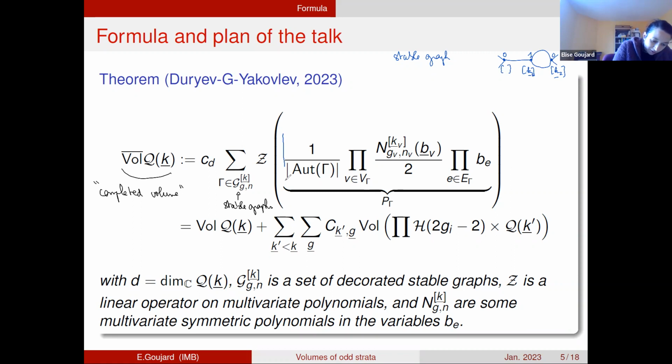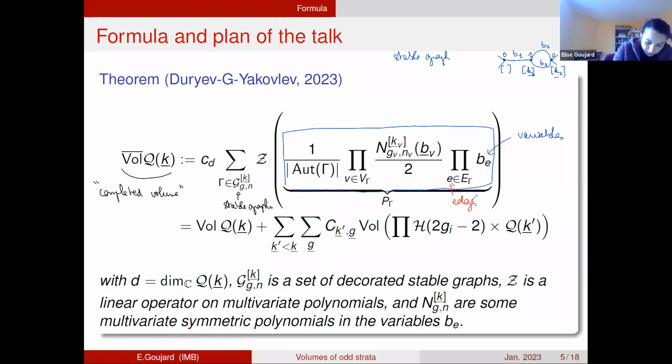Here, what you get is a polynomial. The b_i's are the variables. For each edge of this stable graph, I assign a variable. So let's say I have one variable b1, one variable b2, one variable b3. This factor is just the product of all these variables. Here, we get the product over all vertices.